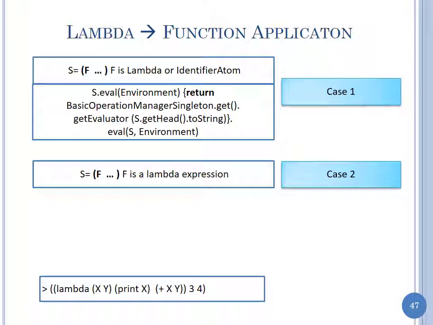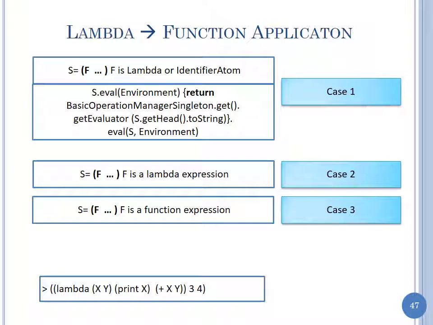We can also, without func call, just input the function expression directly. We'll allow this case also, that S is equal to F, where F is a function expression. And to do that, we'll also have to change our evaluation of the S expression.